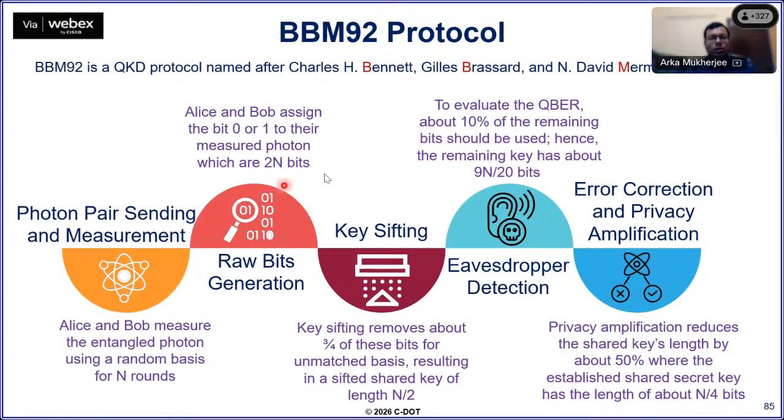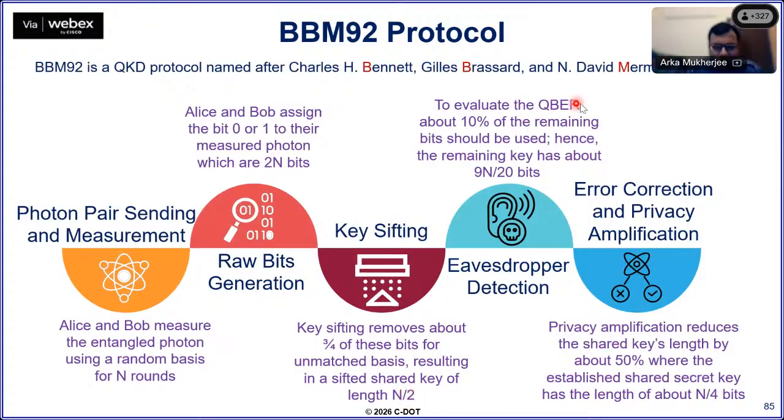So from 2n bits we come down to n/2 bits, meaning 3/4 of the bits are lost.